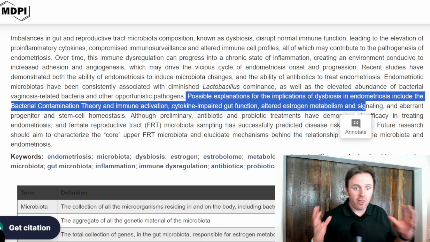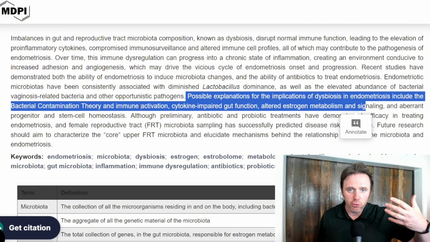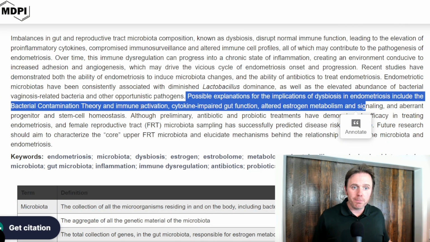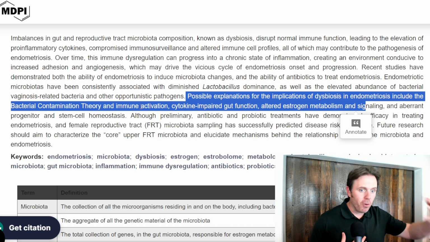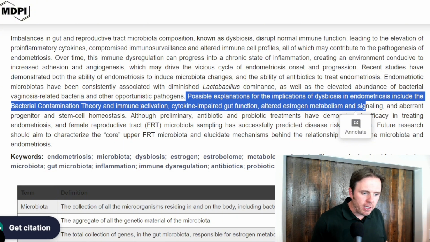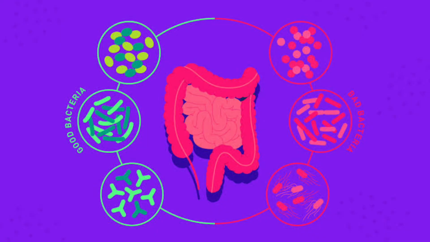So it's just saying this is the theory we have, right? We don't know for sure, but it makes sense, right? When we understand the gut and how important it is with estrogen detoxification, and we understand how prostaglandins are influenced by beneficial bacteria, then if we see these altered imbalances, altered hormone detoxification pathways, altered levels of beneficial bacteria, and high levels of dysbiotic bacteria, it makes sense that this could impact the hormones.